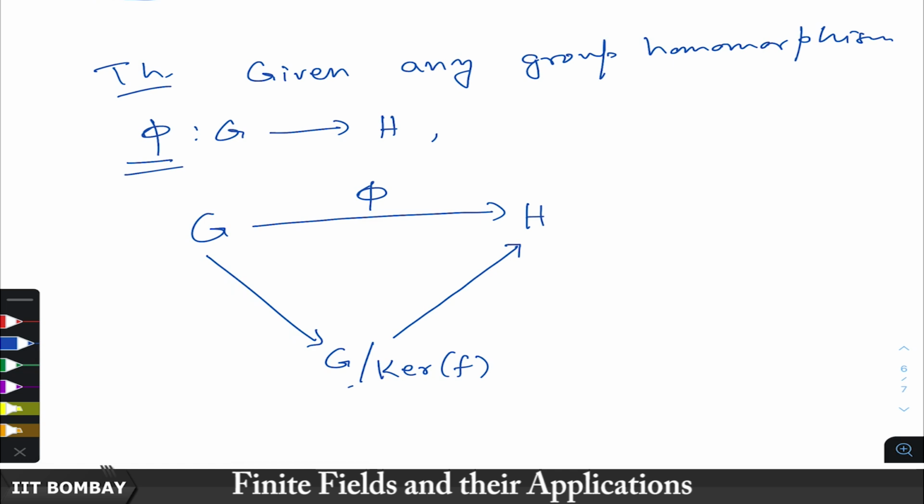This map is the canonical homomorphism that we discussed just now.